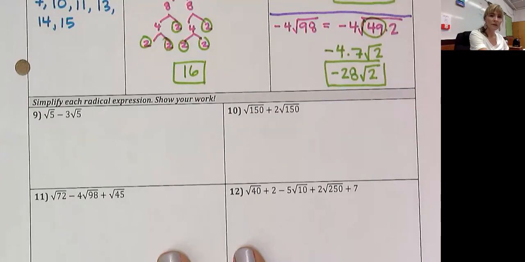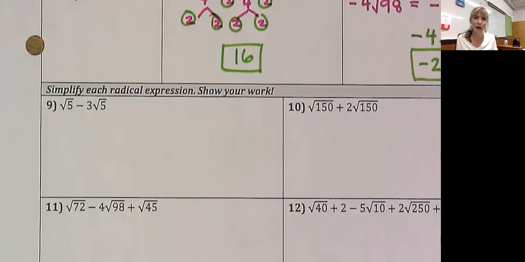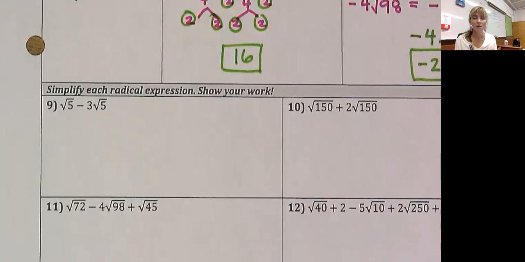Okay, one thing you need to understand and know about radicals, about everything in mathematics, is if you try to add or subtract things, you have to have them the same size. What do I mean by that? Well, like if you're adding fourths and halves, you can't add them until you get everything into fourths. You're getting things the same size.